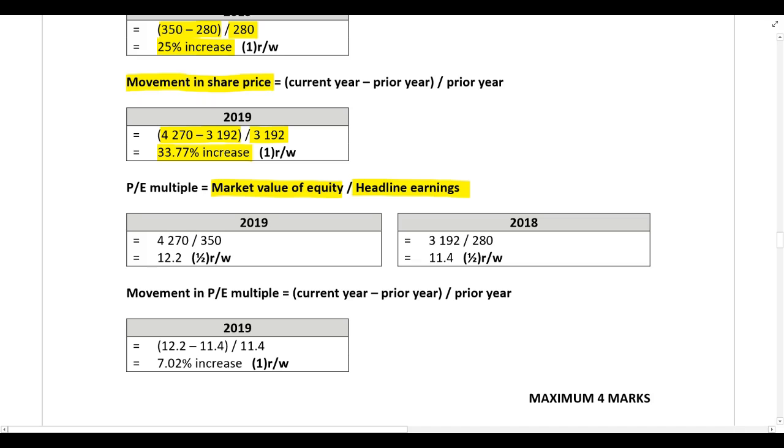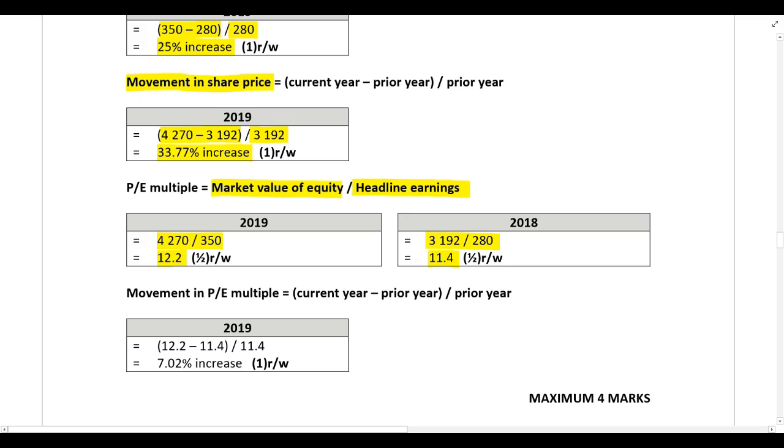So just take the share price and divide by earnings per share in each year and calculate the multiple. All right, and then guys, please remember this is a multiple, meaning it's just a number. So this is not a percentage. You shouldn't say over here 12.2%, etc. This is just a number. You just say 12.2. All right, it's a multiple.